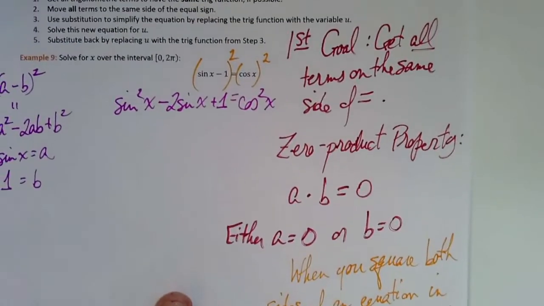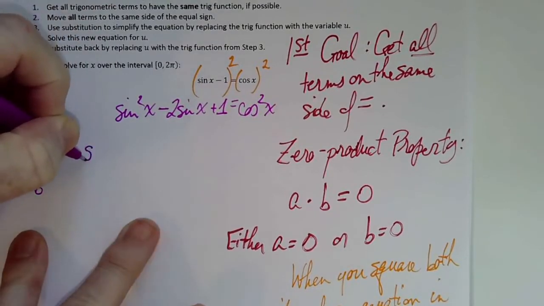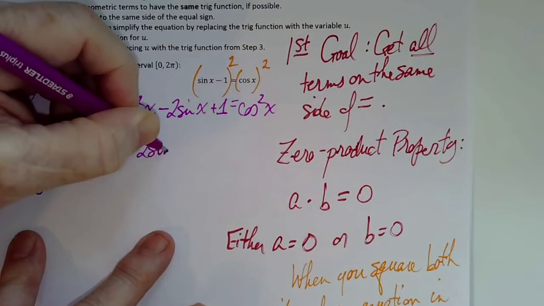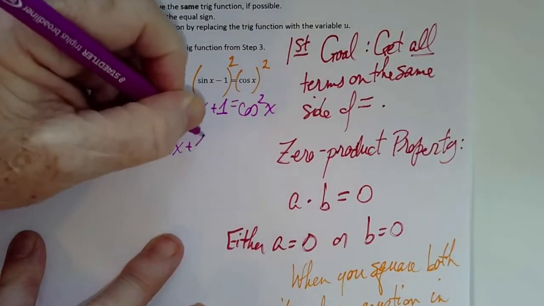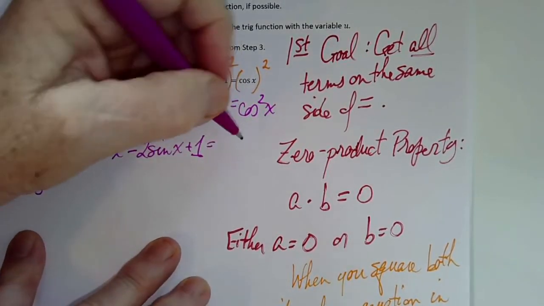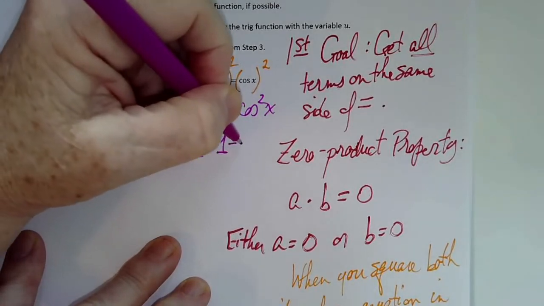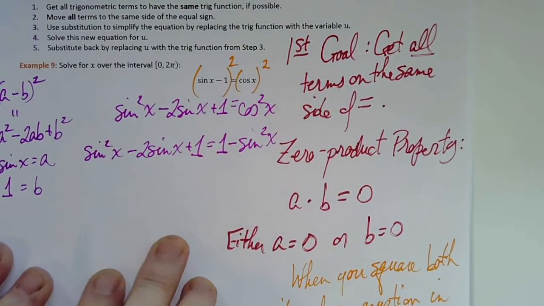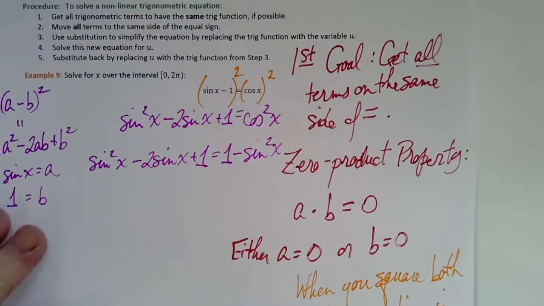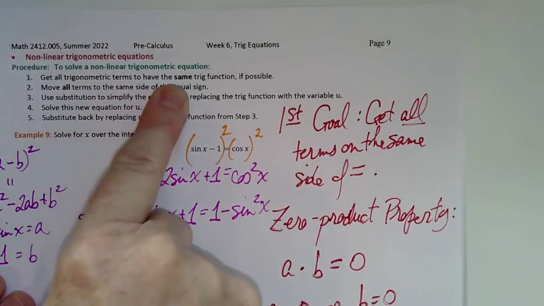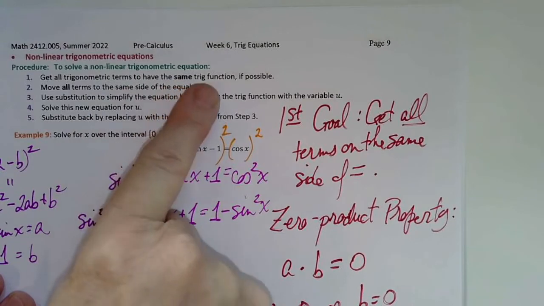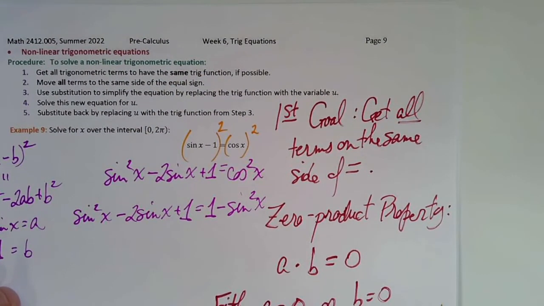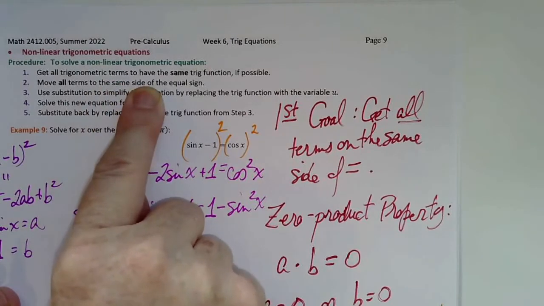So I've got sine squared x minus 2 sine x plus 1 equals 1 minus sine squared x. I've finally done the first part. All the trig functions are the same function. We have only sines. Now I need everything on the same side of the equal sign.